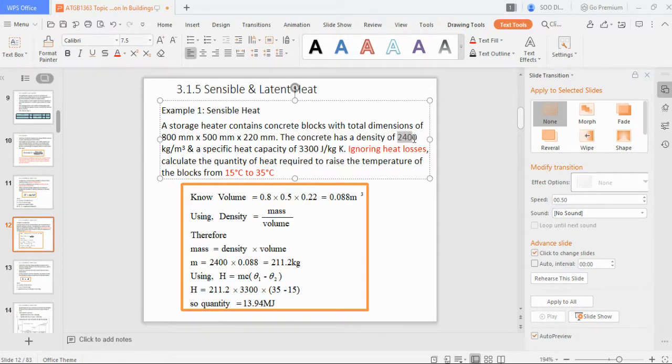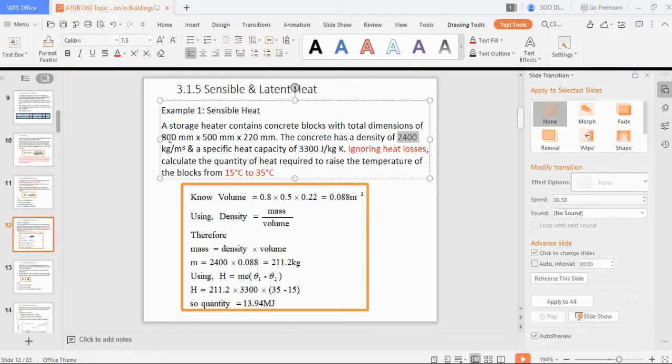So you need to use this density equals mass over volume formula. Putting the known factors in, you'll get your mass is 211.2 kg. Substituting the values in with all the known variables, you get that the quantity of heat required to raise this material from 15 degrees Celsius to 35 degrees Celsius is 13.94 megajoules.